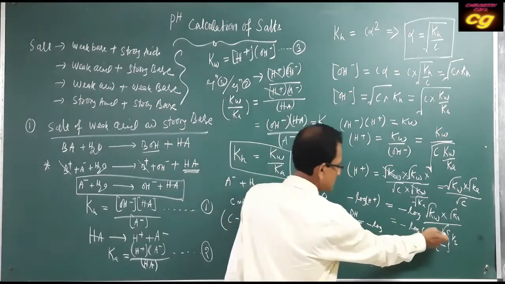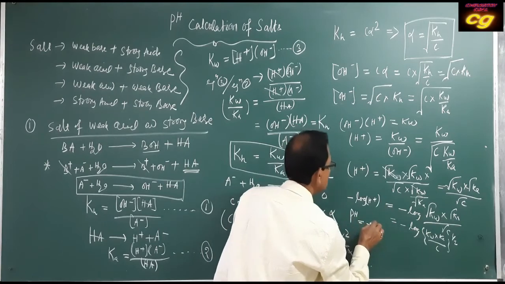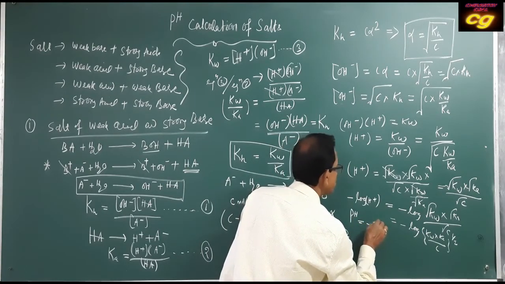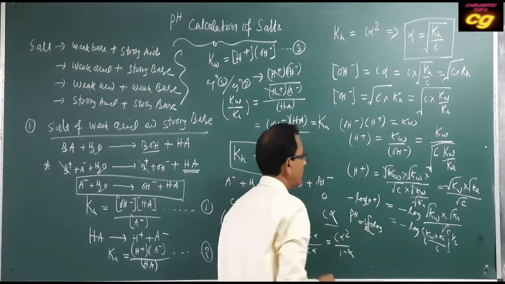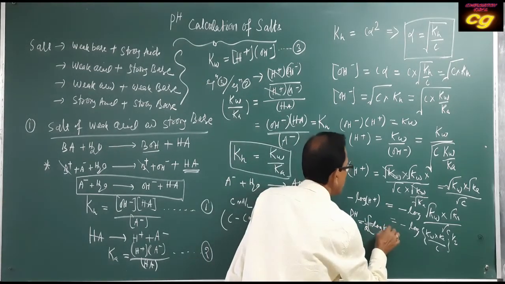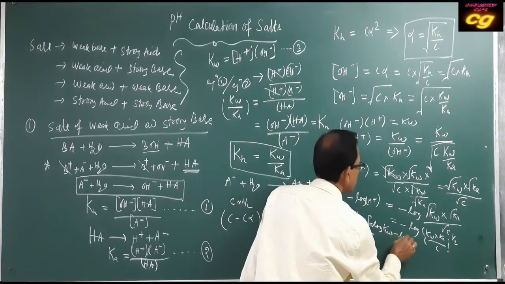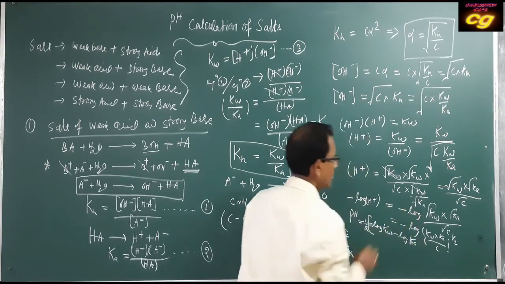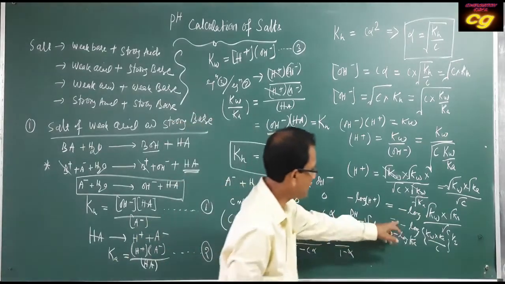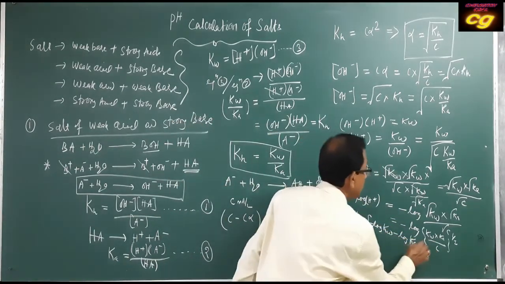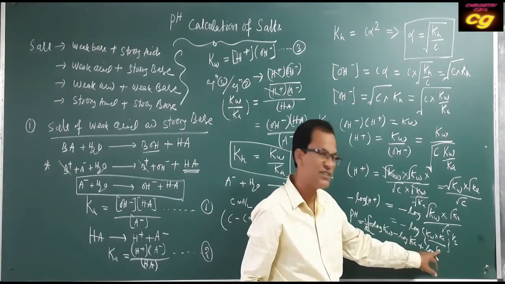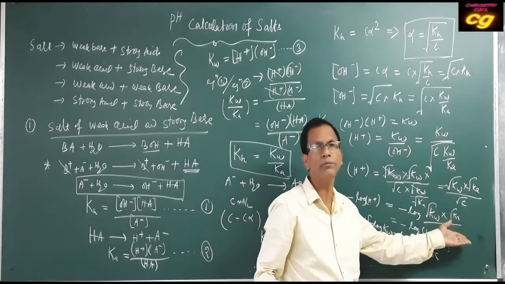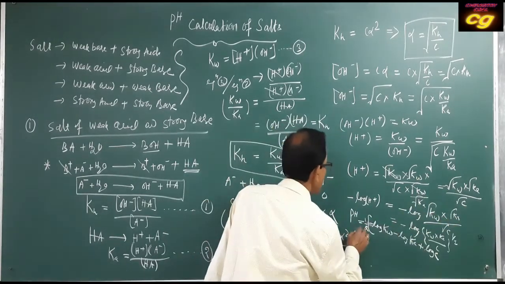The power half comes to the left side, so it will be half of minus log Kw, then minus log K, then minus, since this is in the denominator, it will become plus log C, because 1 by C with minus sign makes it plus in the numerator.